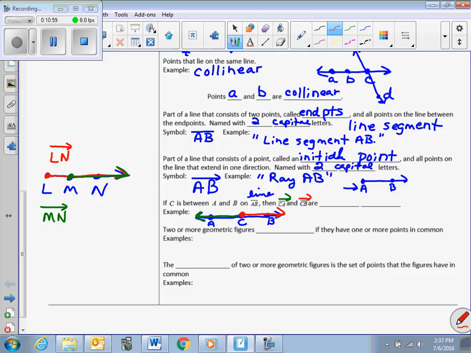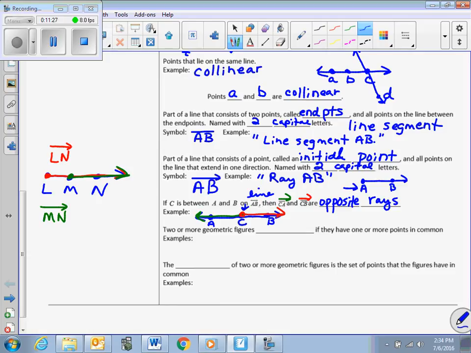What are those two called? They have the same initial point, but they're going in opposite directions. Those are called opposite rays. Okay, so opposite rays have the same initial point. In this case, they both have the initial point of C, but they go in opposite directions. So would ray BA, think about this and tell me what the answer is tomorrow.